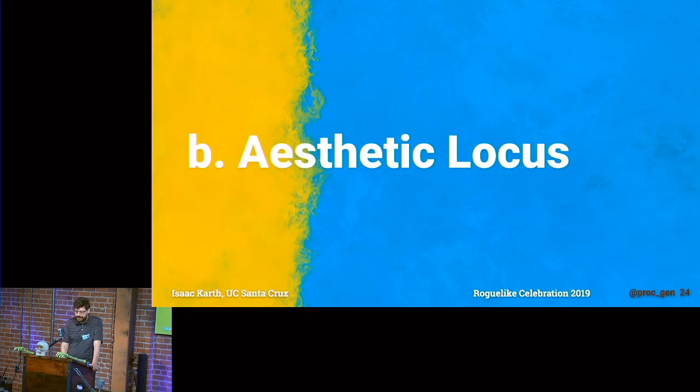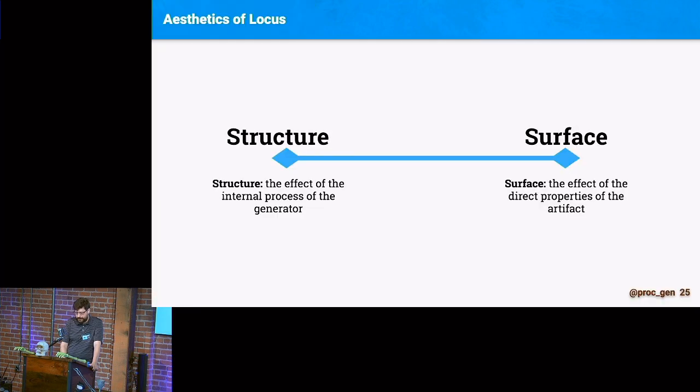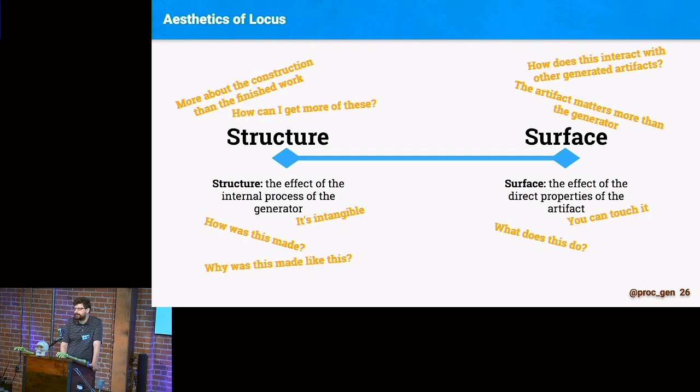Okay, so I call this next set of lenses the aesthetic locus because it's about where our center of attention is. Are we focusing on the artifacts or the generator? So I split this into, are we looking at the structure of the thing or the surface? Which gives us two different sets of questions to ask.